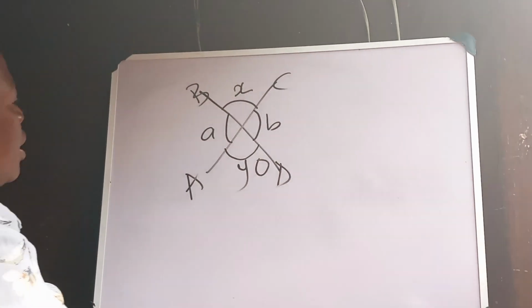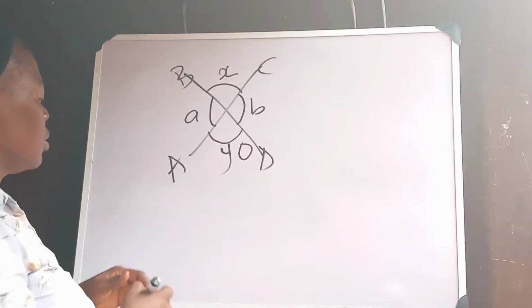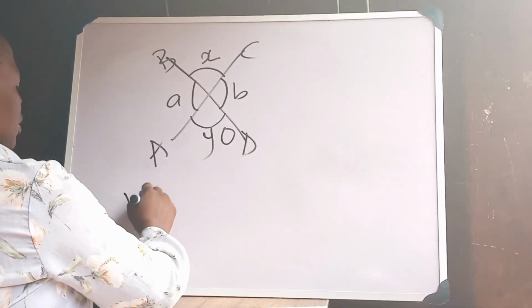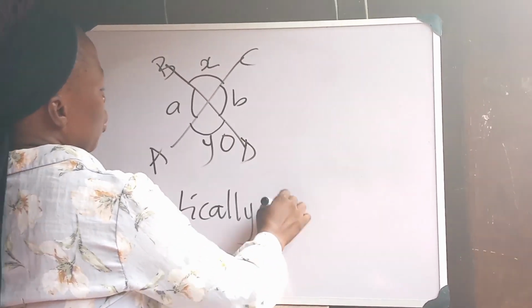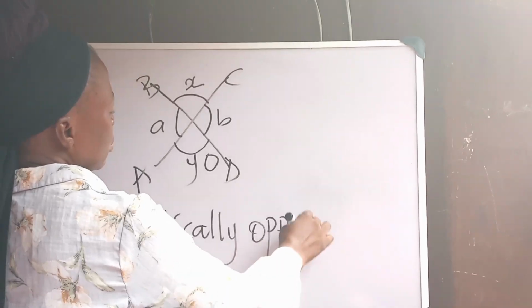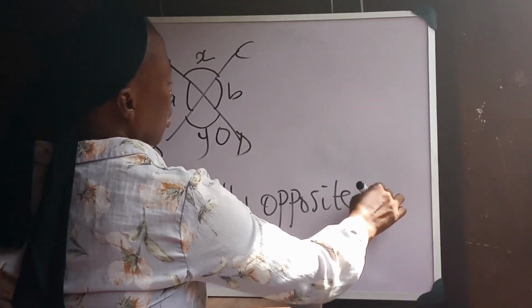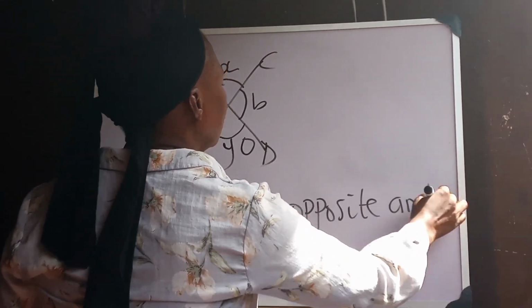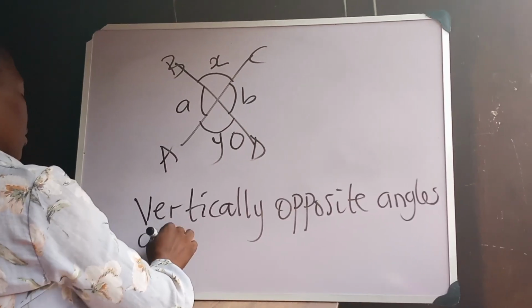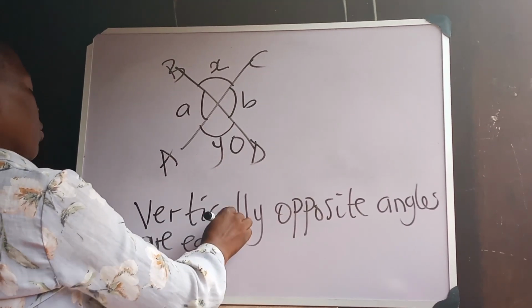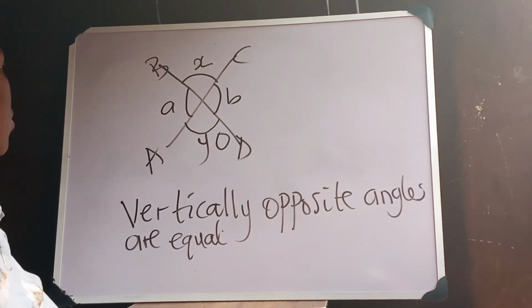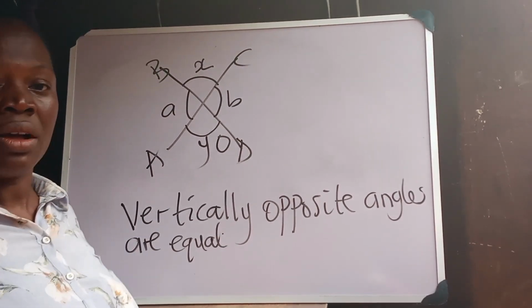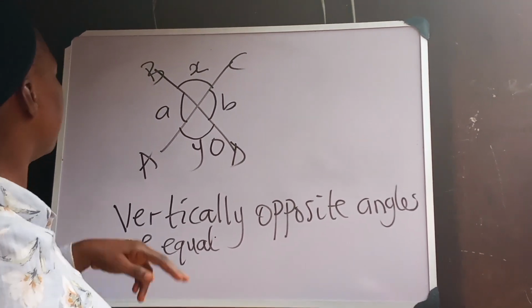The first one here, we are told that vertically opposite angles are equal. Vertically opposite angles are equal. Let's see the angles that are vertically opposite to each other.